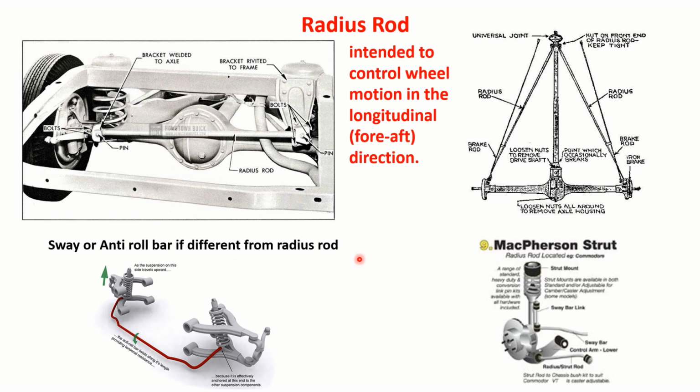Sometimes in vehicles we use something called a radius rod. Correct? You can observe here. So this is the rear. Correct? There's a universal joint. Then of course you will have your transmission and all that. You can see that this rod is what we call it as a radius rod.